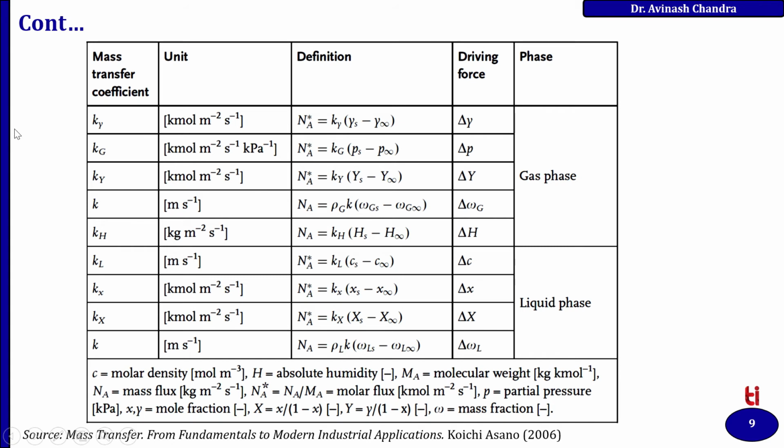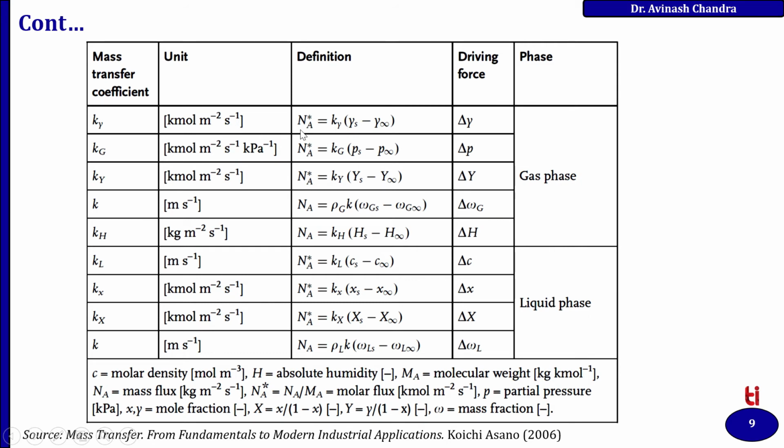Here the various mass transfer coefficients are summarized with their units, definitions and driving forces. Taking them one by one, K_y is the mass transfer coefficient in kilomole per meter square per second.